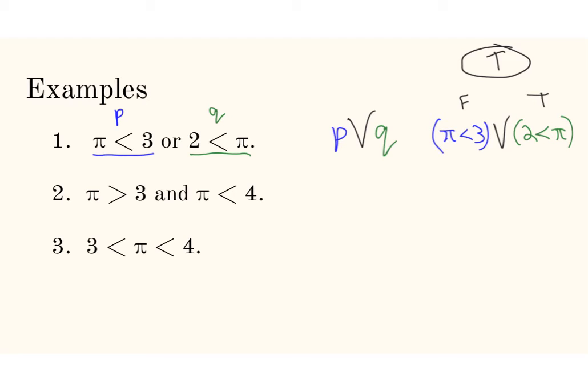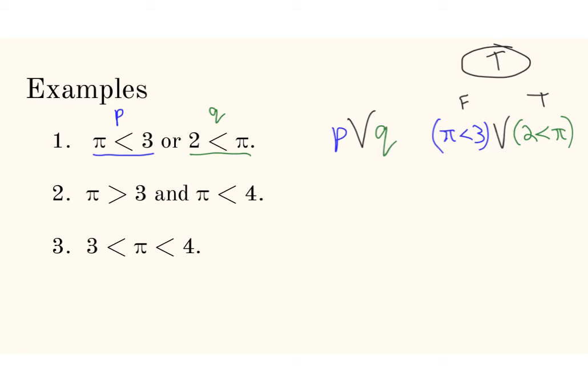What about this second example? We have pi is greater than 3. Notice that's not the same statement as pi is less than 3, and it's not even the negation of P, right? Because as you recall, the negation of pi is less than 3 would be pi is greater than or equal to 3.